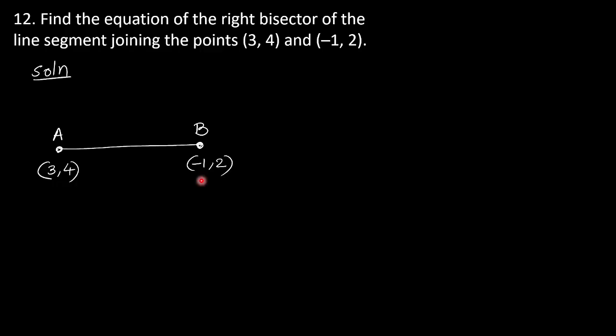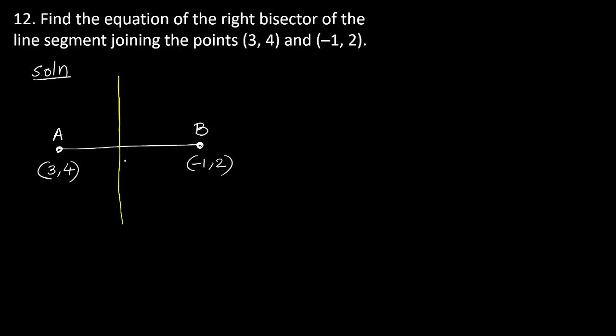Right bisector. Right means perpendicular. For example, right angle triangle means perpendicular. Understood? Right means perpendicular. Bisector means bisect, cut into two equal pieces. The line which cuts the segment into two equal pieces. So right means perpendicular. So I will show you the right bisector like this.